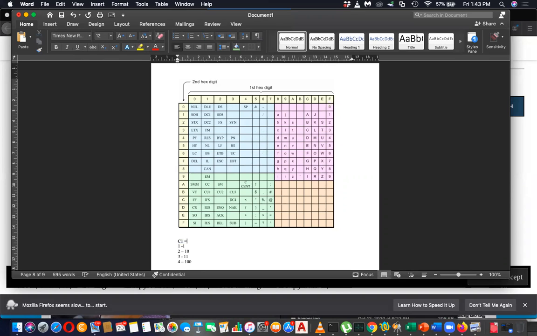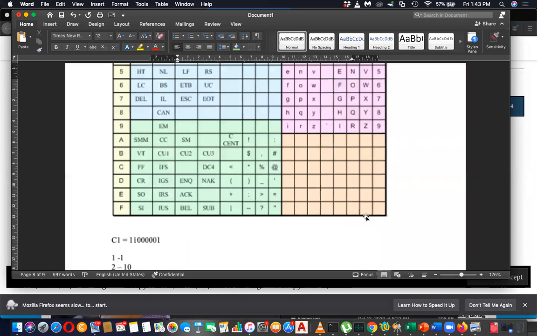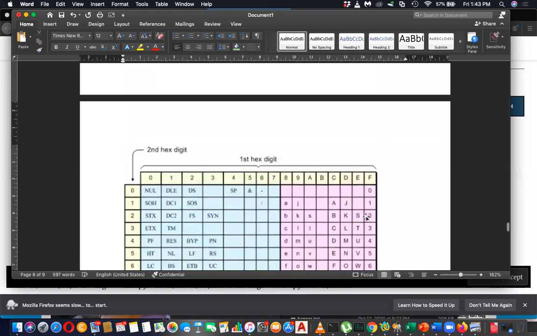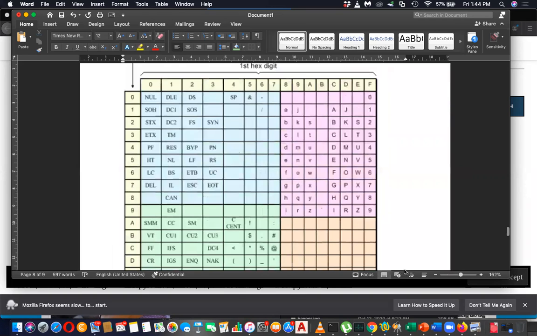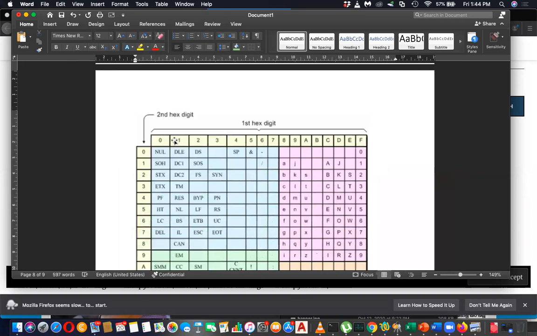C means 1100. 1 means 0001. This is how they have represented letters. In EBCDIC they have used this method, and in ASCII they have used octal on this side and hexadecimal on this side.